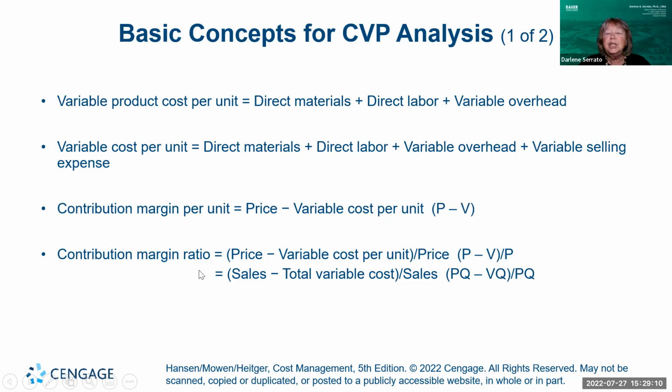Contribution margin ratio can be expressed on a per unit basis or a dollar basis. So on a per unit basis, it's contribution margin per unit divided by selling price per unit. On a dollar basis, it is sales revenue minus variable cost, which is contribution margin in dollars on that behavioral format income statement, divided by sales dollars.